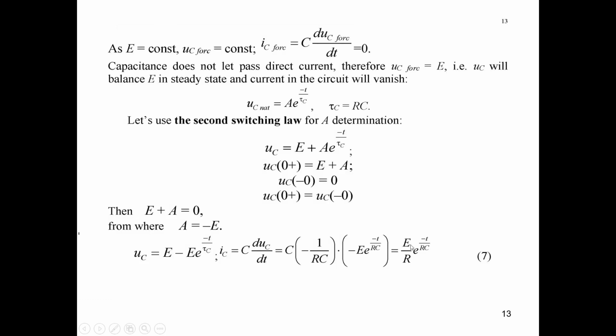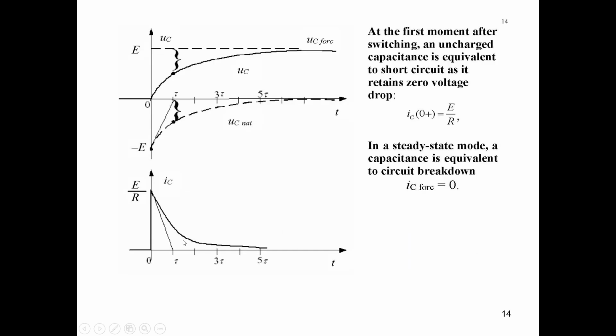At the first moment, at t equal to 0, we have a value of IC equal to E over R. So it went from 0 to E over R, and then again it changed down to the 0 level. Why does it occur that current IC changes so steeply at the first moment after commutation?